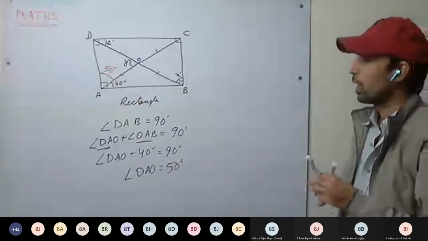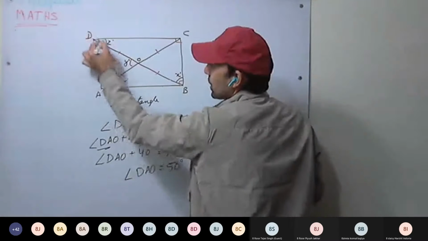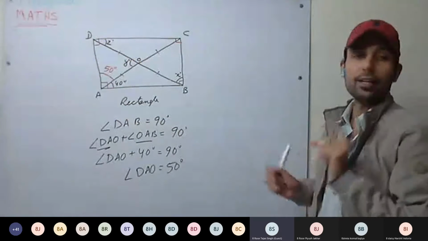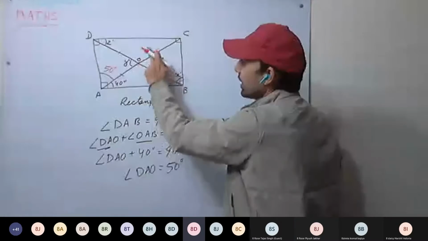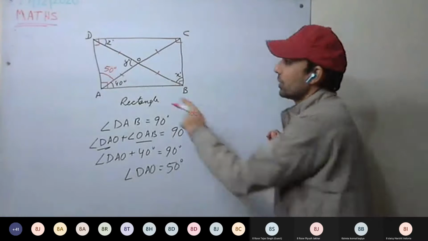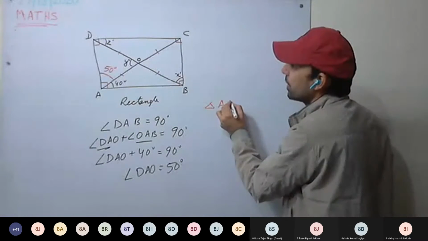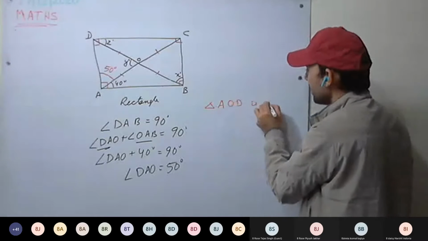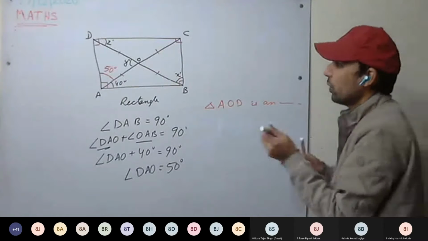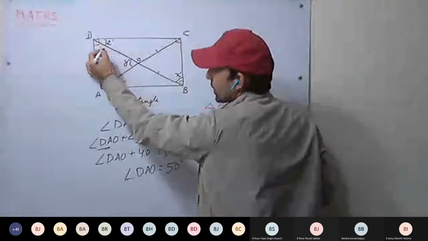Now how can we proceed further? What kind of triangle is this one? Isosceles triangle. The reason: in a rectangle, diagonals are equal and they bisect each other. So triangle AOD is an isosceles triangle. Angles opposite to the equal sides will be equal as well.